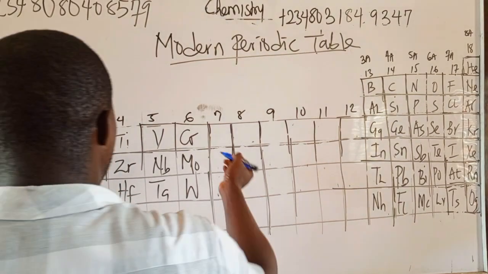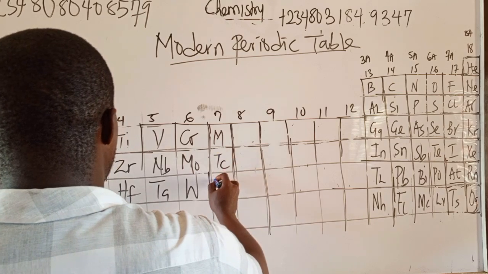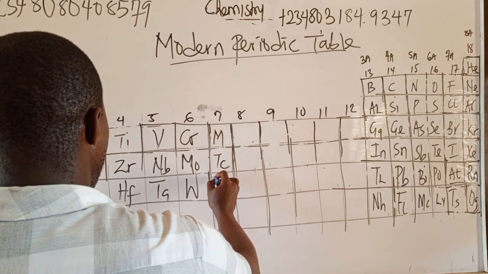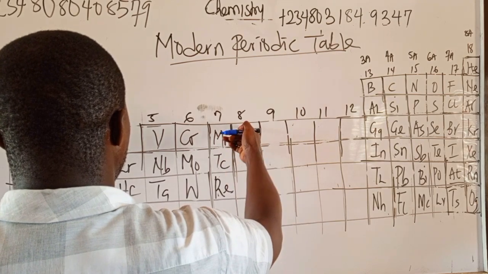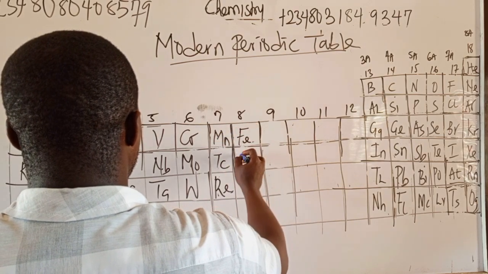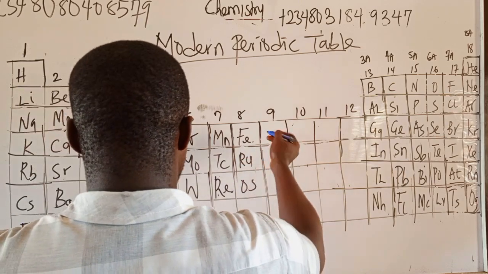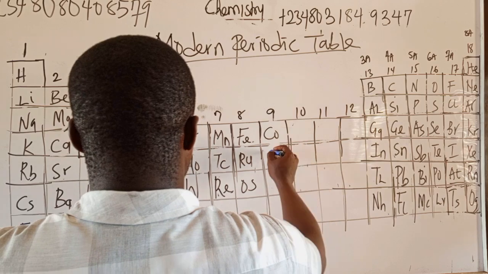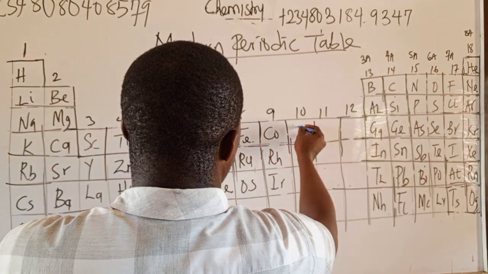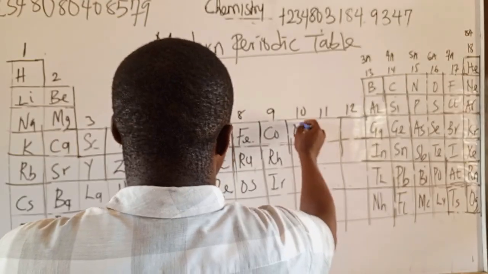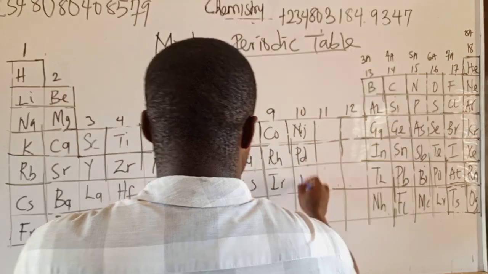We have manganese, technetium, ruthenium, iron, osmium, cobalt, rhodium, iridium, nickel, palladium, platinum.